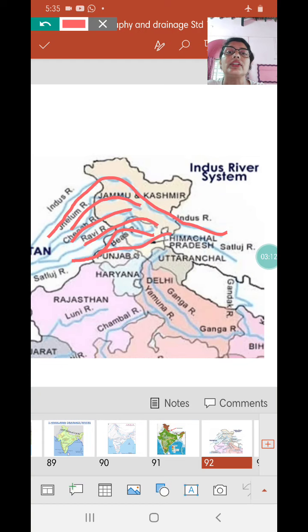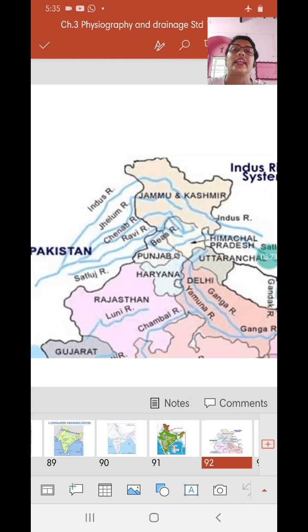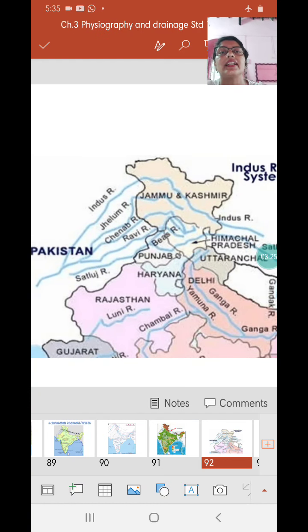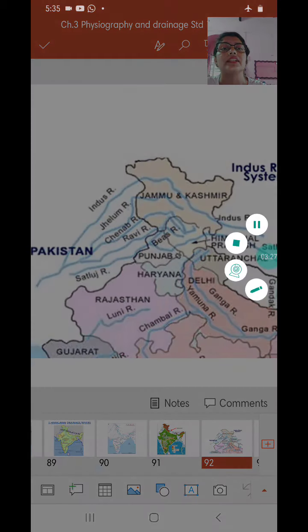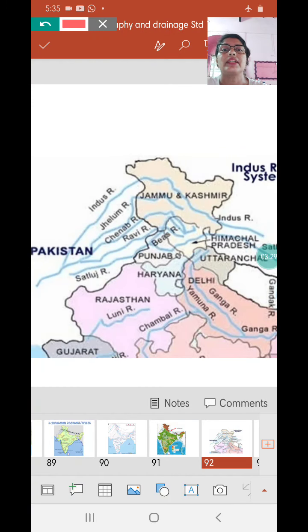All these are tributaries of river Indus because ultimately they join river Indus in Pakistan. In India they flow almost parallel to each other, but they meet ultimately in Pakistan, and then they flow as one Indus river.